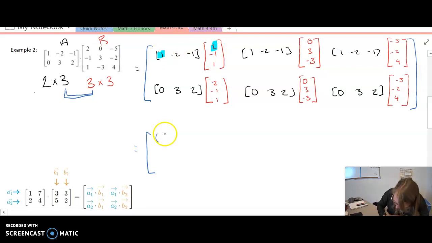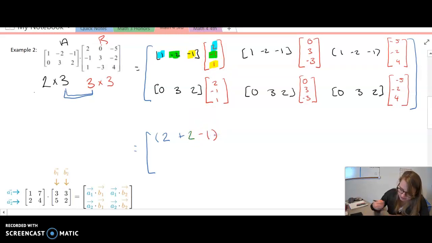Well, 1 times 2 is 2, plus -2 times -1, and that's going to be 2. And then we have our last one of 1 times -1. And that's going to be -1.